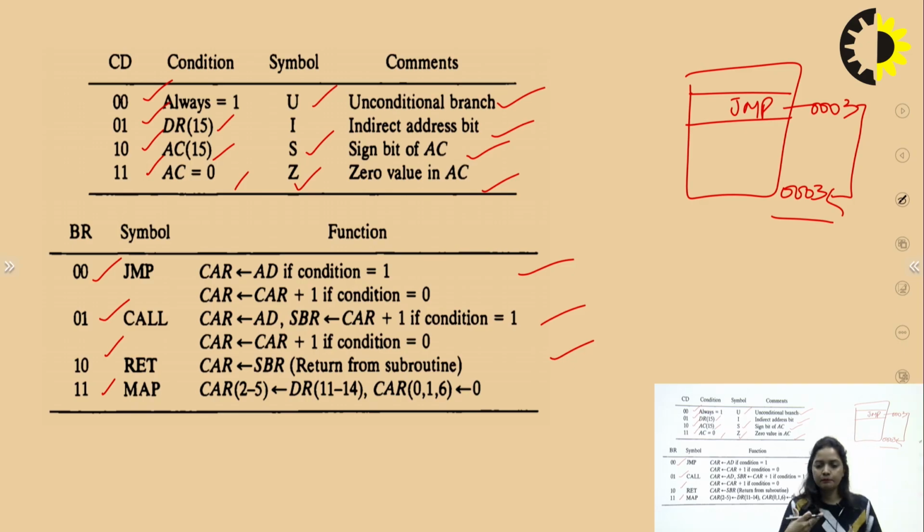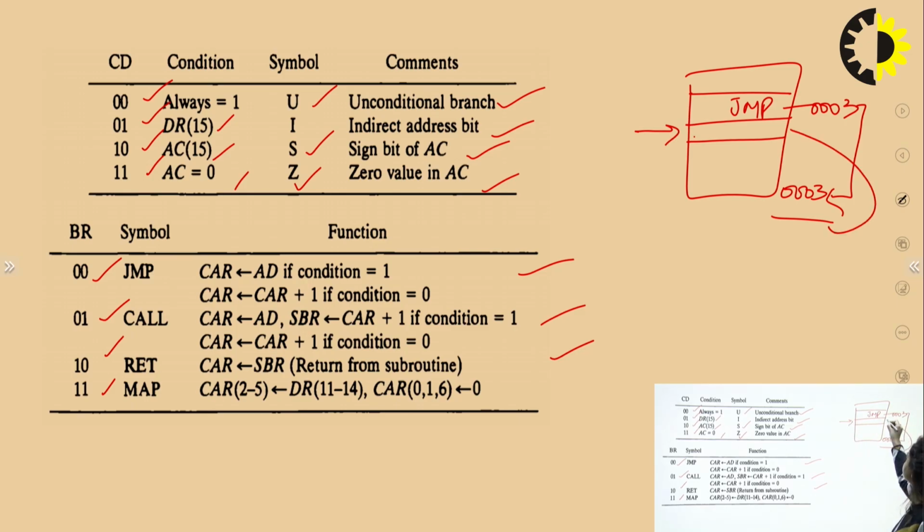So jumping is skipping some in-between instructions and going to some instruction which is far beyond, having an address in itself. In that case, we need to reserve the address of the next instruction in the sequence in order to come back to it when the jumped instruction is completed. That is the concept of subroutine call and return. So that is the jump statement.